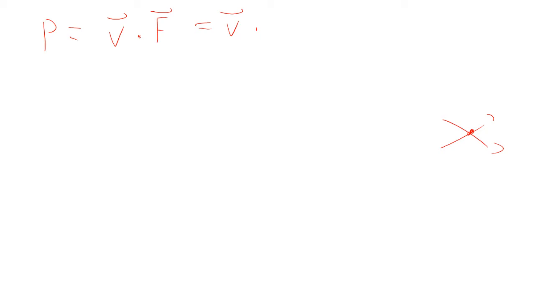It's actually going to be the complete force here, the electrodynamic force. So it'll be QE plus QV cross B. So this is your electric force and this is your magnetic force.